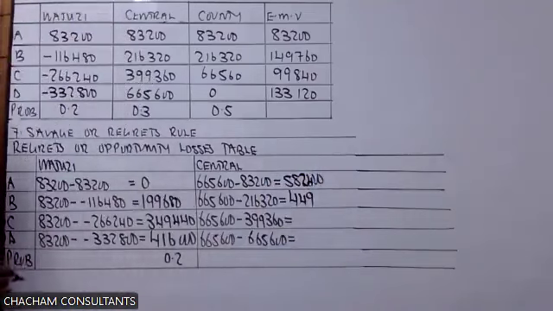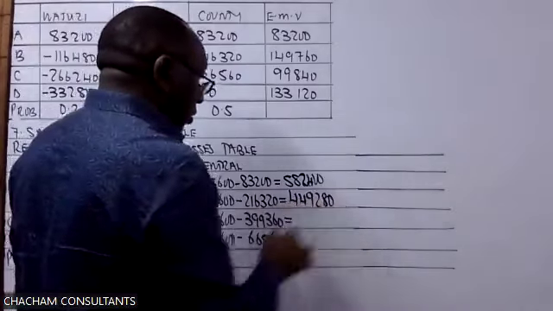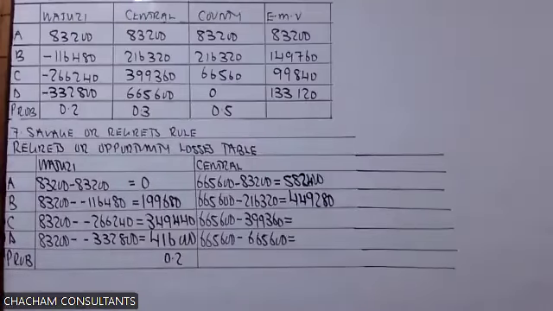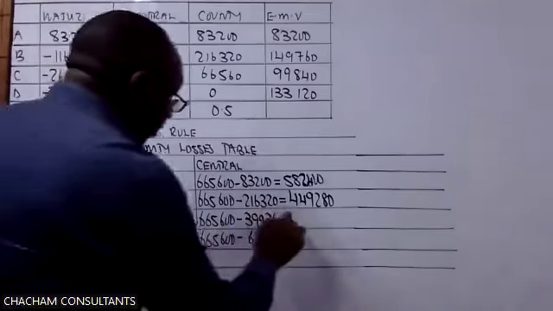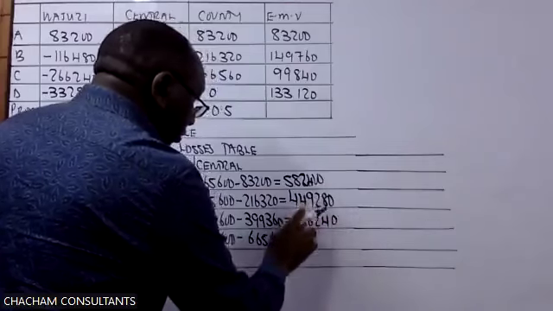Okay, that's right. The second one is 449,280. The third one is 266,240.